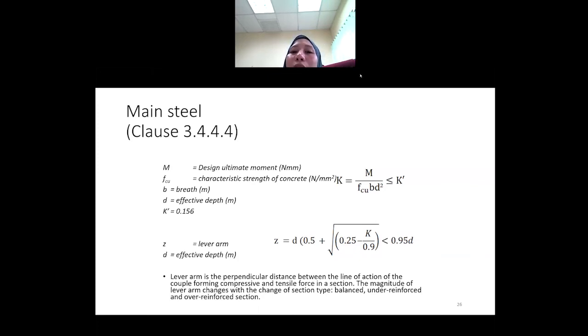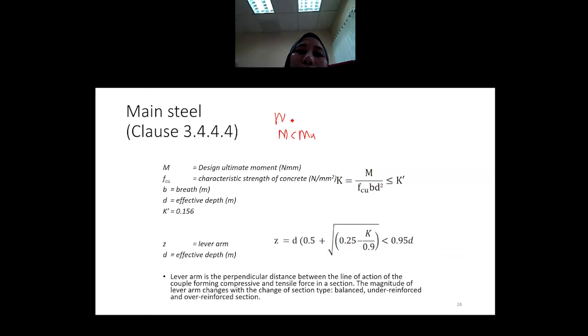Okay, when you already check bila you dah dapat value M less than MU, ataupun MU bigger than M, sama je lah. Okay, so maksudnya ini untuk checking sahaja. Okay, this thing only for checking.